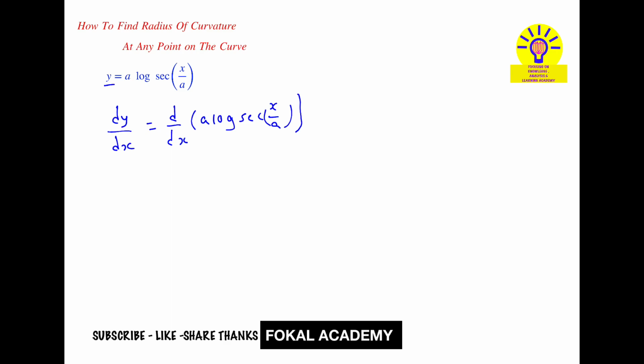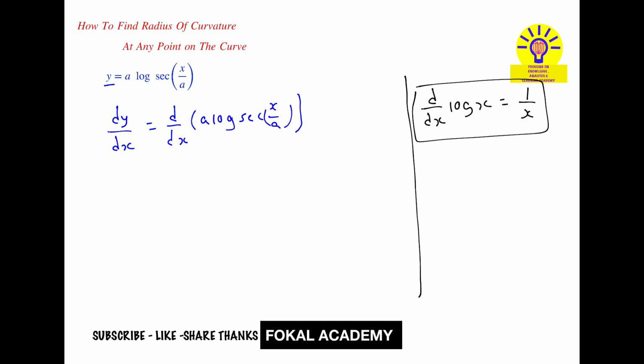Before going to solve this problem, I want to give a standard example here. We know that d by dx of log x equals 1 by x. This is the standard formula. Suppose in the place of x there is a function, say g of x.